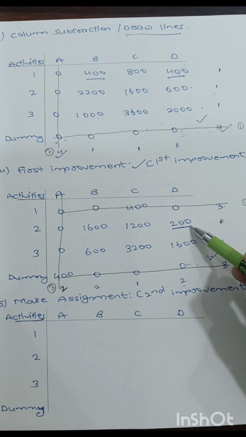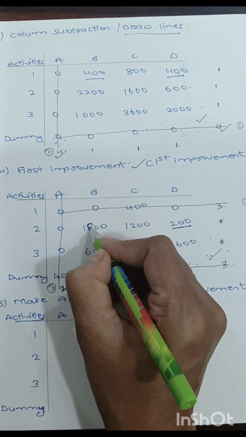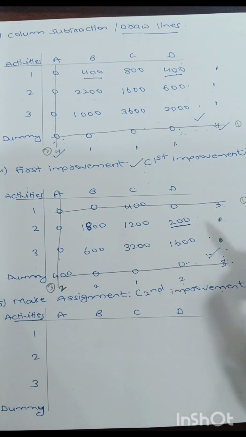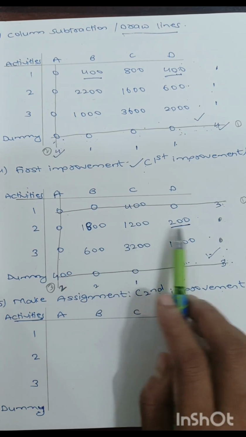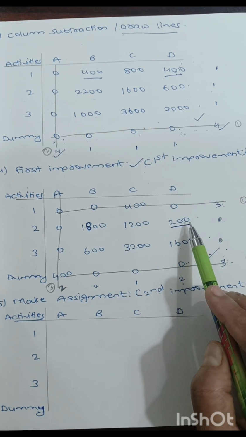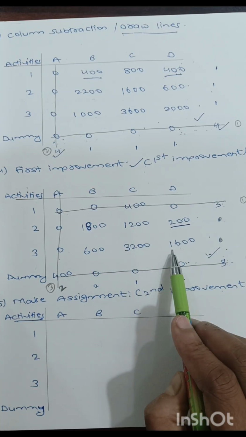Subtract this 200 from all other uncovered elements of that matrix. That is, we have 6 uncovered elements, and 200 is the lowest element. Subtract this lowest element from all other uncovered elements.